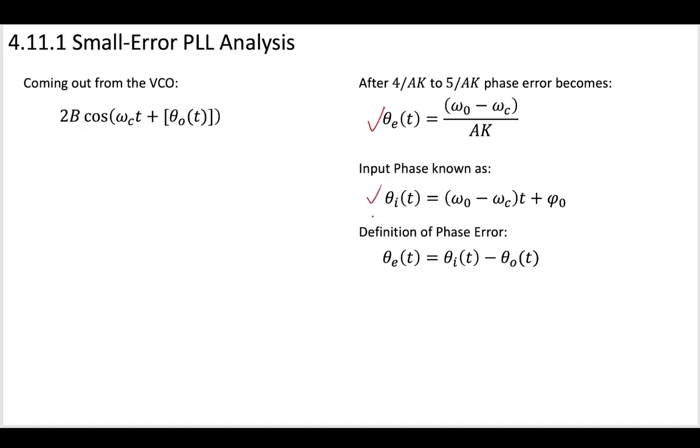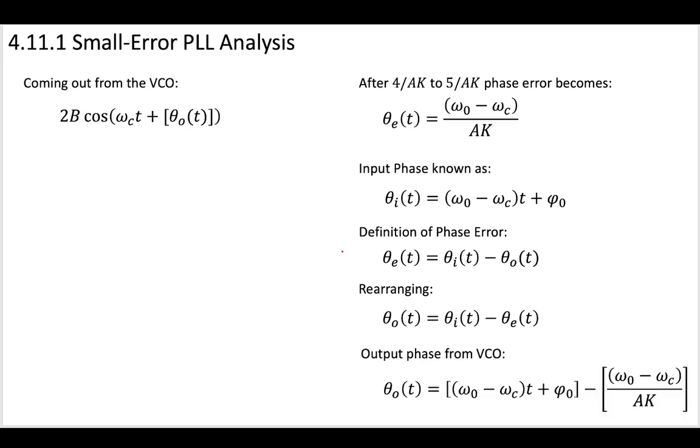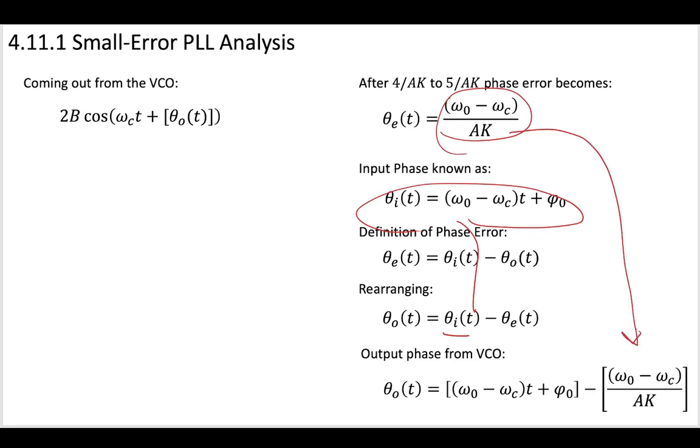We also know what the input is, so we can find what the output is. So we can rearrange this and get the output phase, which is equal to this, where this comes from the input, and this comes from the error term.